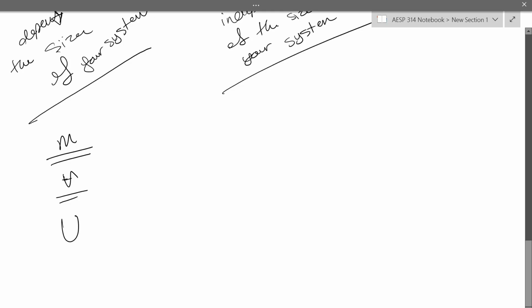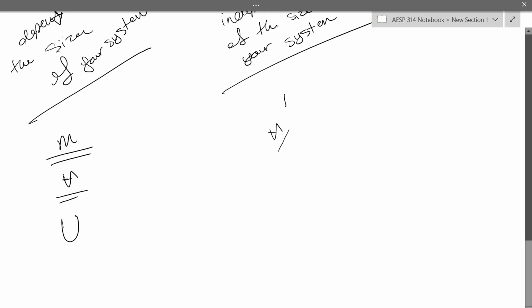So there are some cases that we want these properties to be independent of the size, right? You just divide them by your mass, essentially, to make sure they are independent of how much stuff is inside your frame. If you divide your mass by mass, it's going to give you 1.